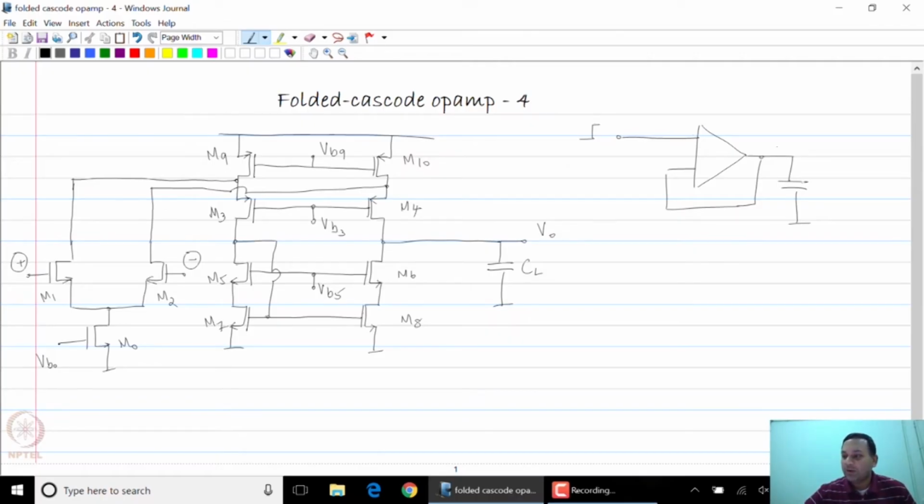At some point the output will not be able to follow in a small signal fashion, because there is a certain limitation on the rate at which the capacitance CL can be charged.